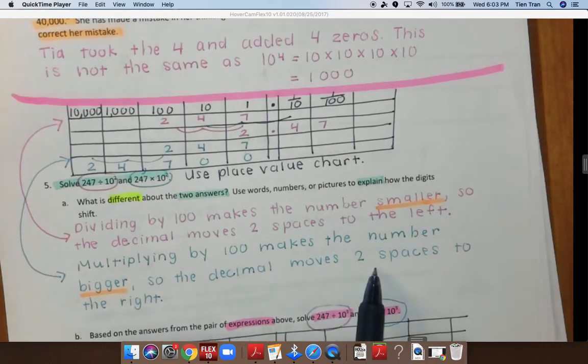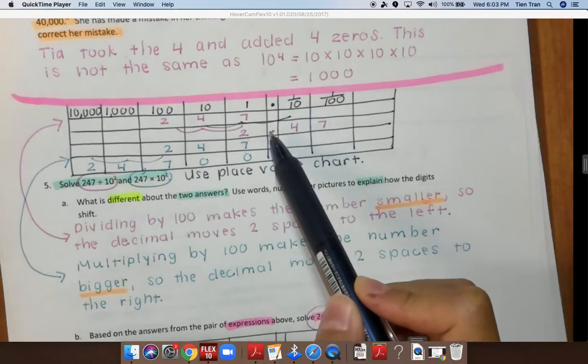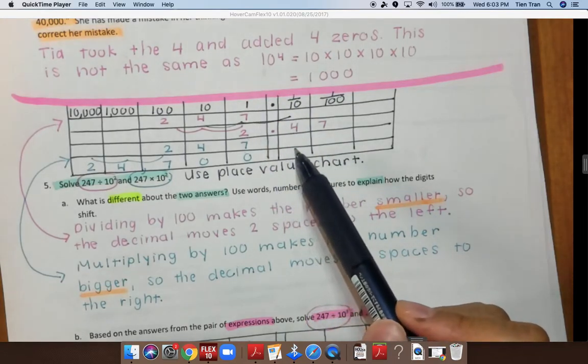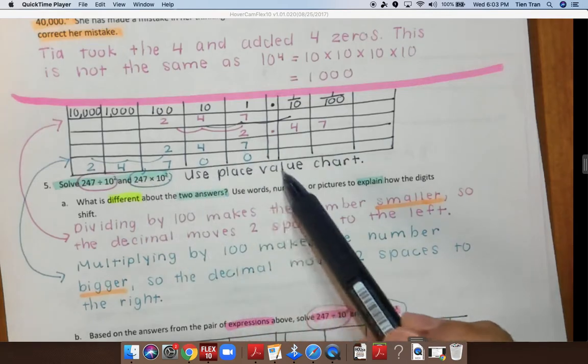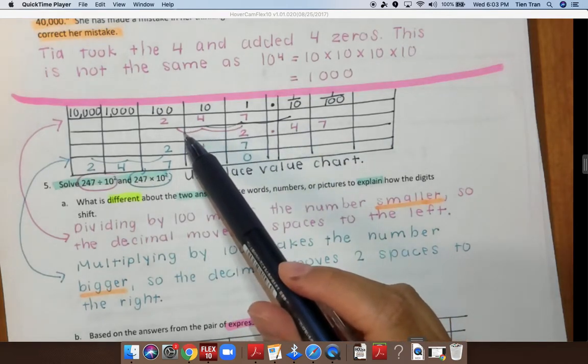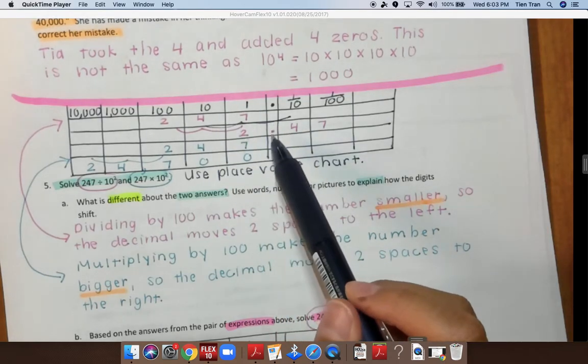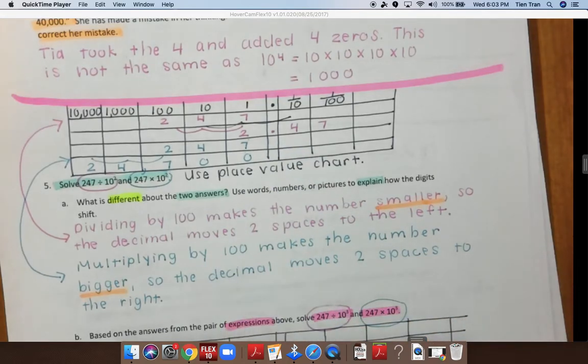So the decimal moves 2 spaces to the right. So if you look at the decimal right here, it's not moving because we drew it like this, but if you were to just look at the numbers by themselves, you would notice that the decimal has changed. It went from here, and then for this one, it is right here, okay?